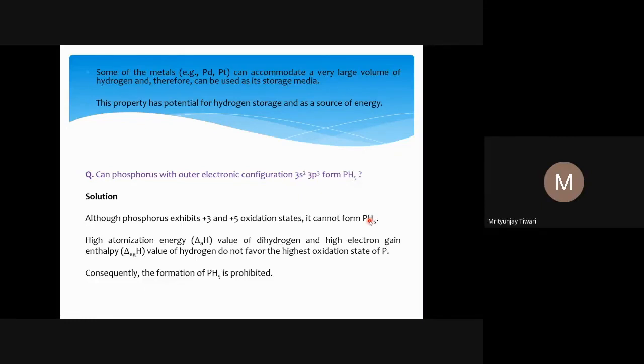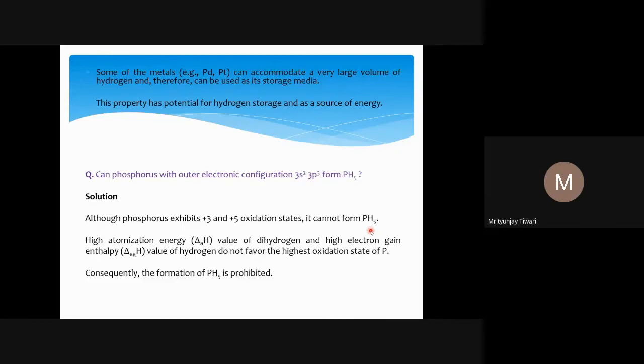And other than that, the electron gain enthalpy value for hydrogen also does not favor a higher oxidation state of phosphorus. Phosphorus in the +5 oxidation state means you are giving electrons, so the electron is shifted towards the hydrogen, and the hydrogen has accepted the electron.